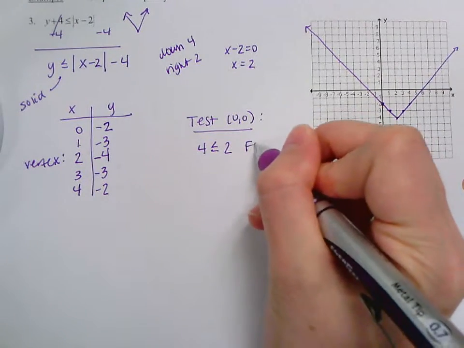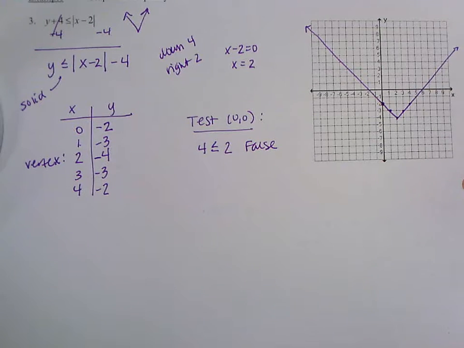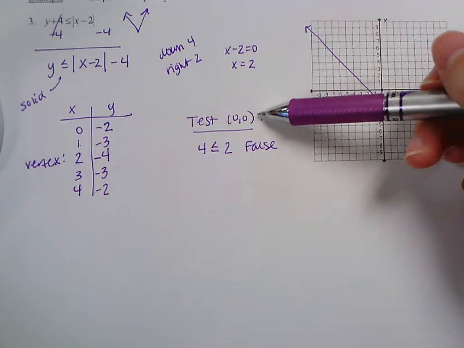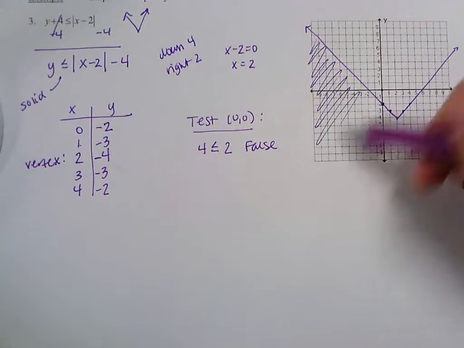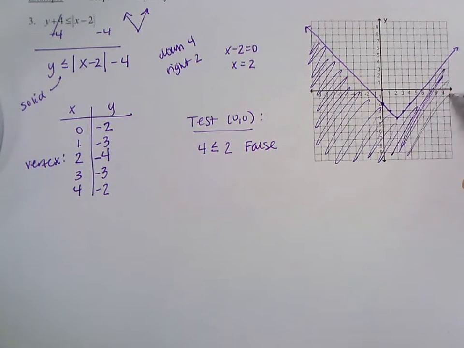False. So where do I want to shade? Above or below? Below, yes. So (0, 0) is above, but when I substituted it in, it was false. So I don't want to shade (0, 0). I want to shade away from it.